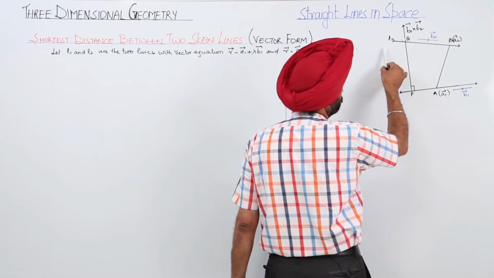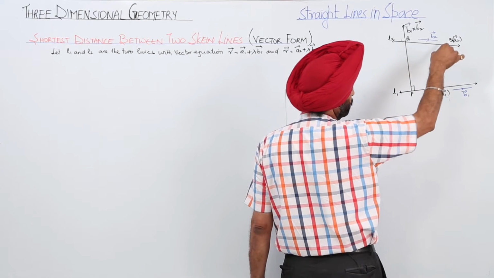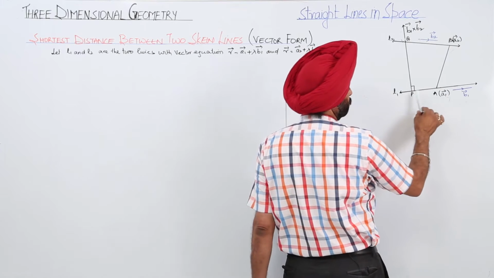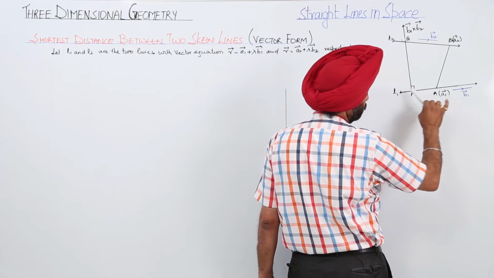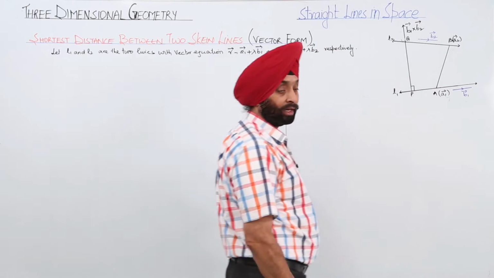L1, L2, these are the two lines. PQ is a perpendicular on them, AB is one of the lines, b1 and b2 are the two vectors. b1 is parallel to L1 and b2 is parallel to L2.